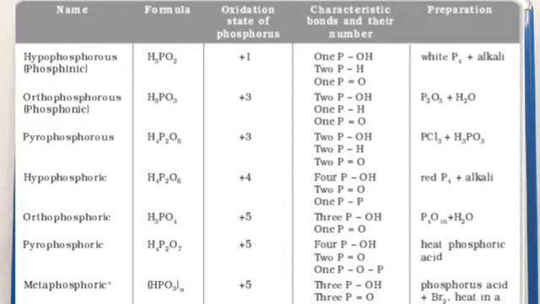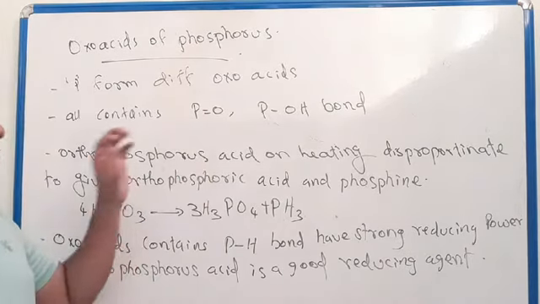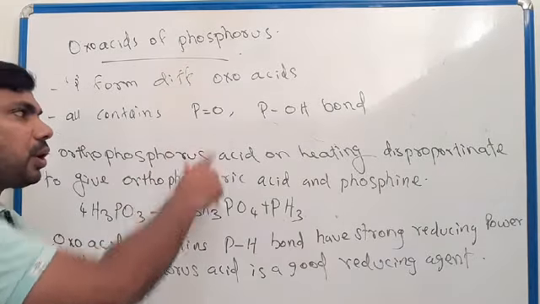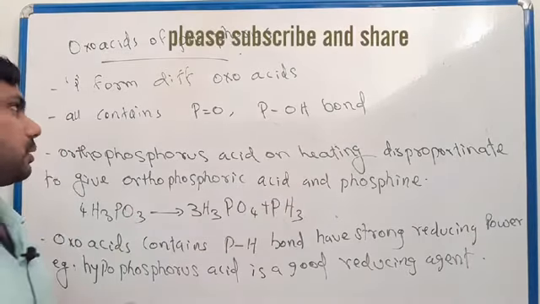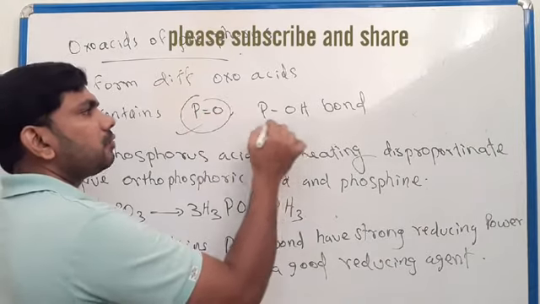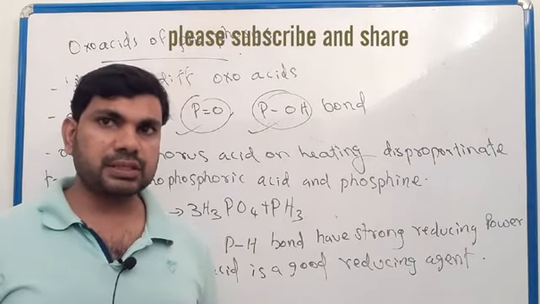You can see in this table the different oxo acids of phosphorus, with their name, formula, oxidation state, etc. All the oxo acids of phosphorus contain a phosphorus double bond oxygen, and also a phosphorus single bond OH.